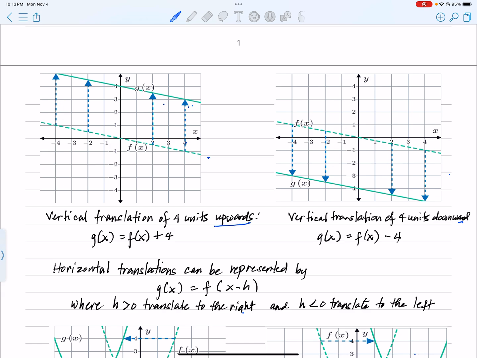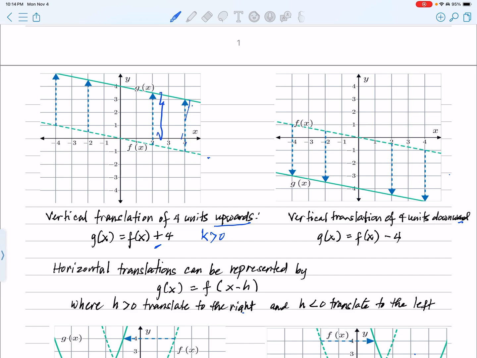How do we know? Because of this plus. That means the k is greater than 0 because it's plus 4. So it slides or moves upward. How many spaces? 1, 2, 3, 4 units upward.